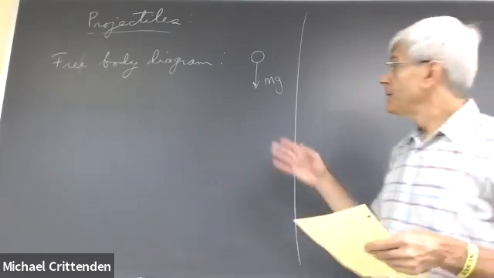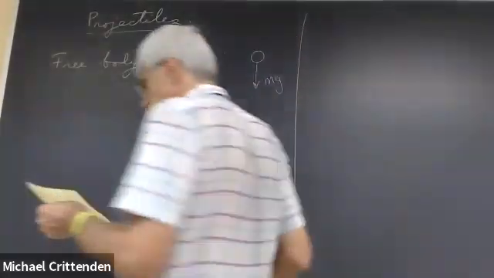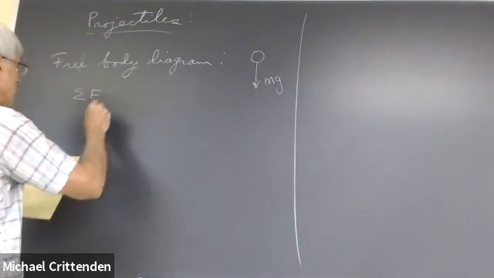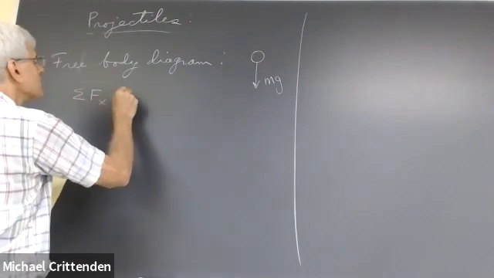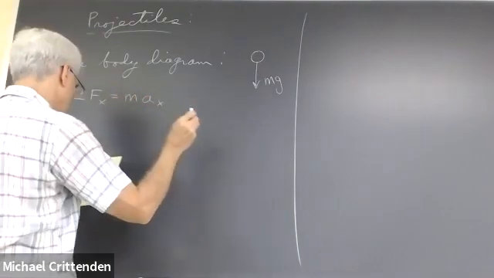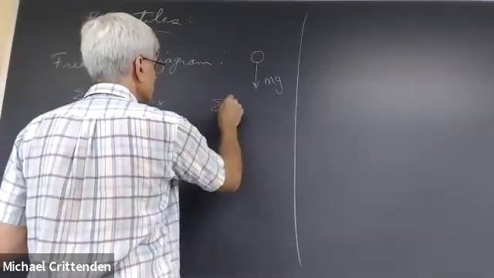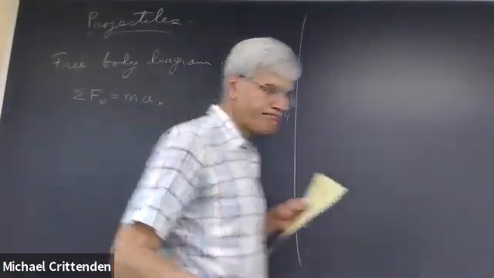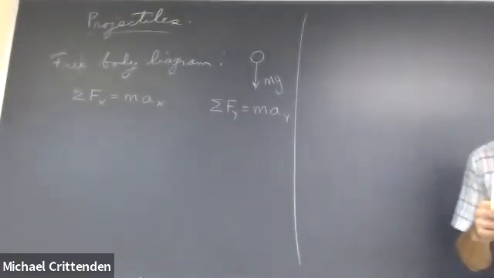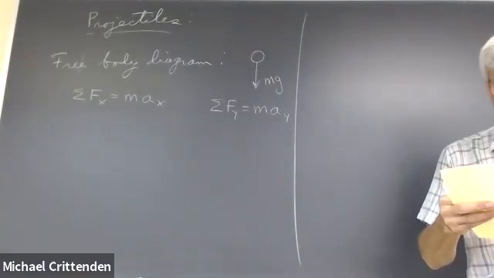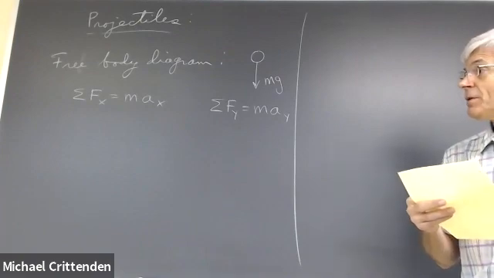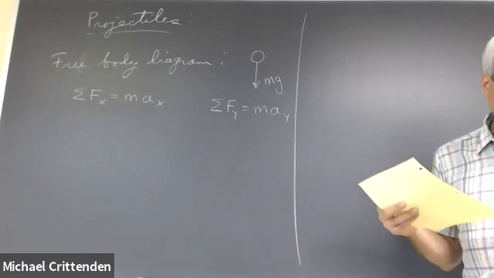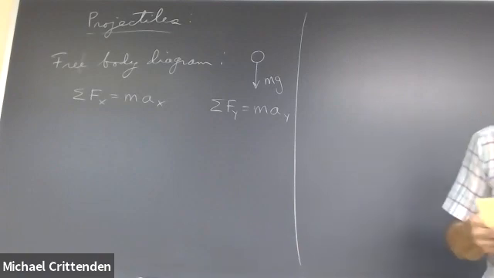So apply Newton's laws. Or Newton's second law. I guess there's just one of those. From last week, the net force in the x direction is proportional to the x component of the acceleration, and the y component of the net force is proportional to a_y.